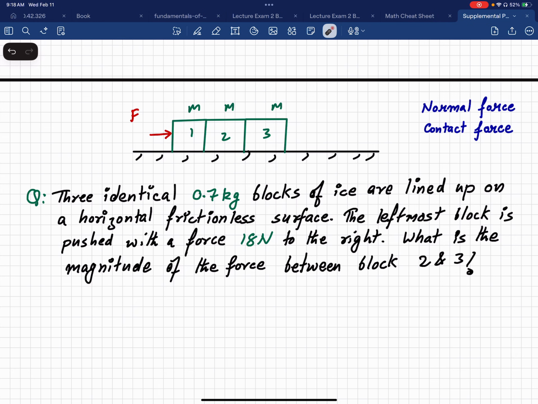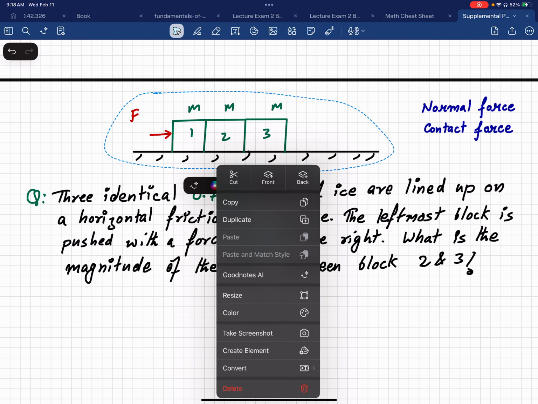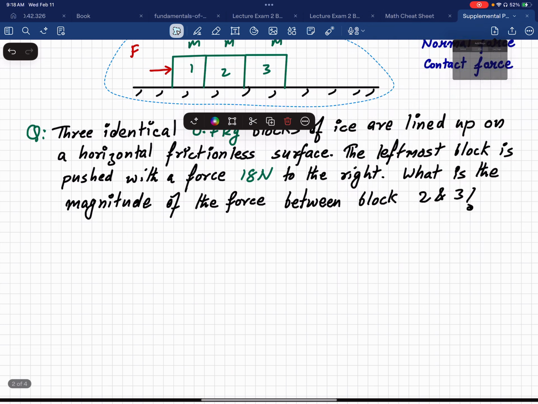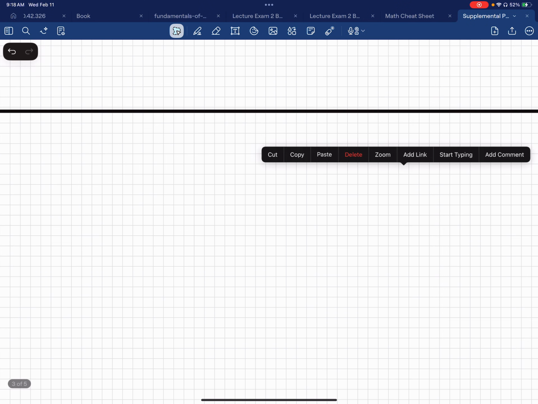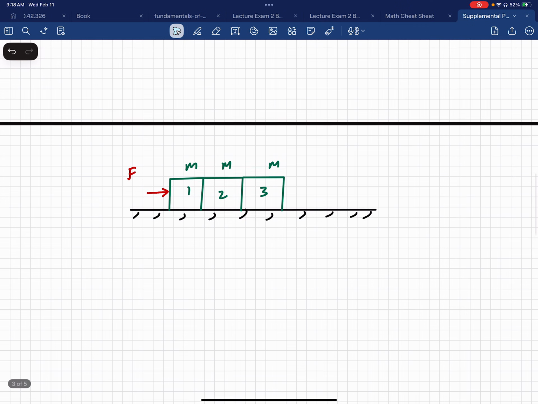Now the first thing is, again, as I said, the steps are to write down all the forces which are there, which you don't see in the present diagram. So let's try to see how you can draw all the forces. Okay, first of all, let me just enlarge it.